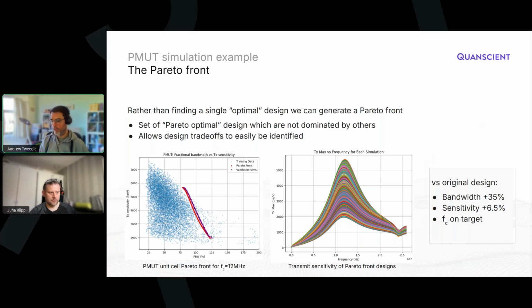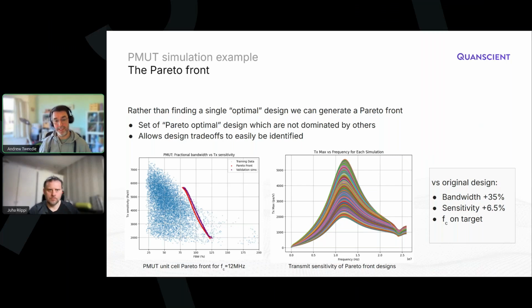And we've shown that compared to the initial design that we used in this case, we were able to improve bandwidth by 35% and increase sensitivity, whilst also exactly matching the center frequency target that was set out for this design. So a really practical use of an agentic workflow.